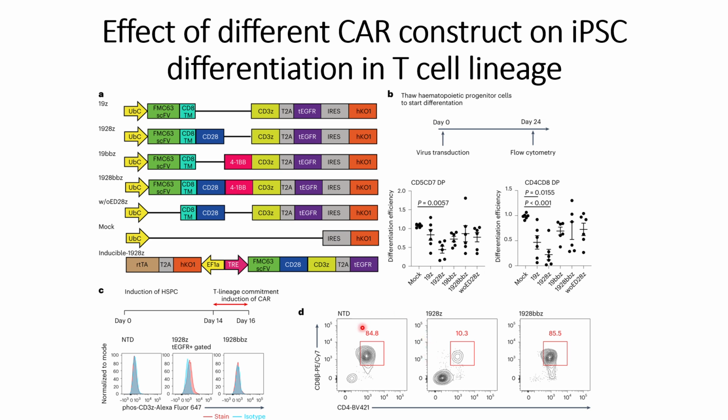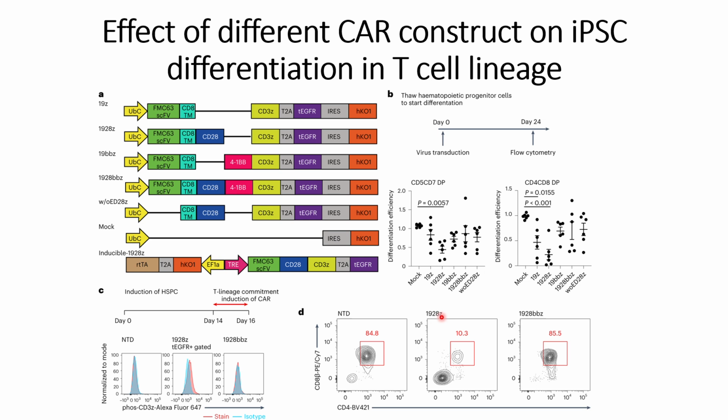It is decreased compared to the control, and when 1928 BB zeta is used, they are able to see almost a similar amount of CD8 beta and CD4 positive populations, indicating that 1928 BBZ doesn't impair the differentiation of iPSCs to the T cell lineage. Rather, 1928 zeta impaired the differentiation of iPSCs to the T cell lineage.